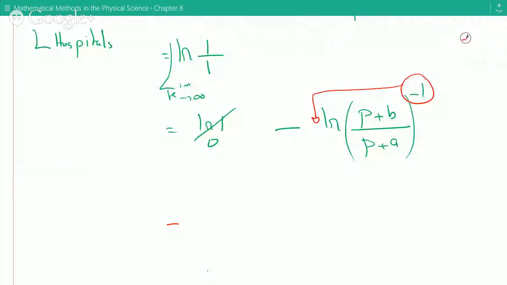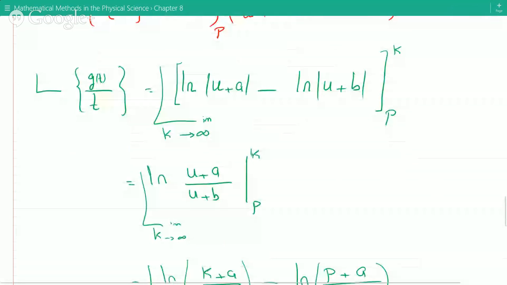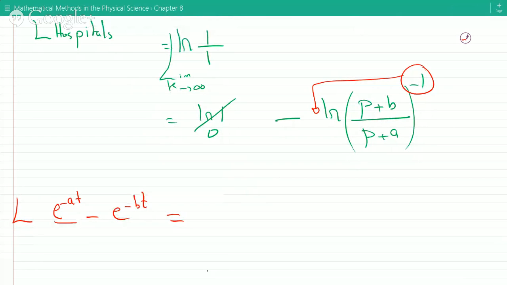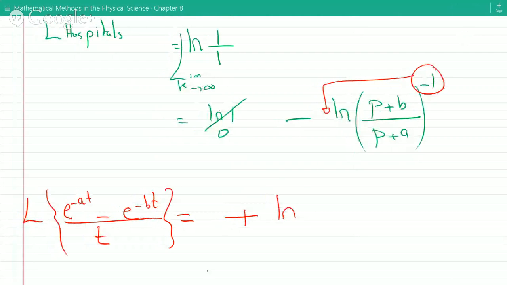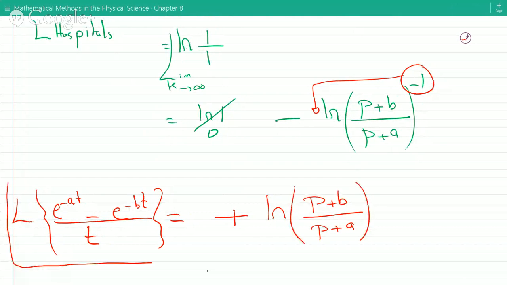And so the answer for the Laplace of g of t, which is actually e to the minus at minus e to the minus bt over t, turns out to be plus ln of p plus b over p plus a, which is exactly what you see in the table in L21. There's the proof.